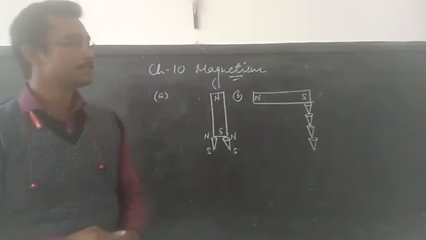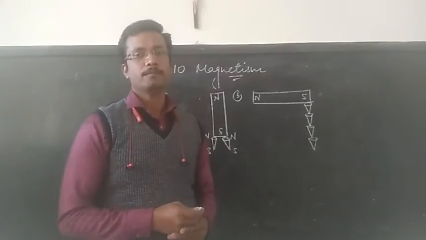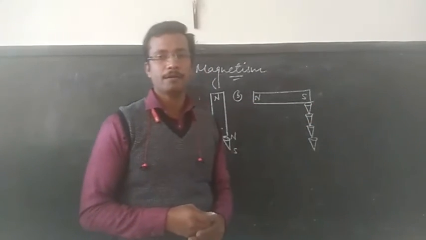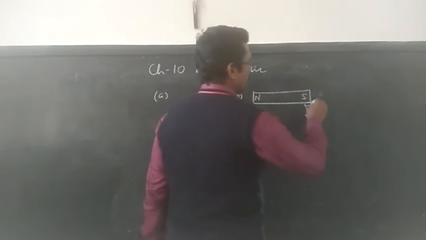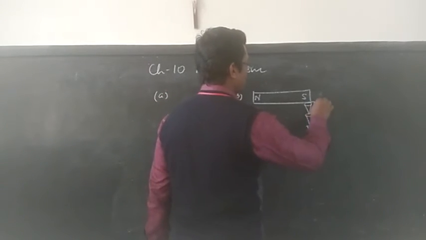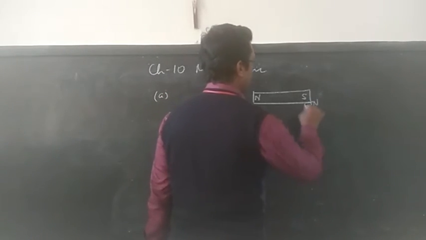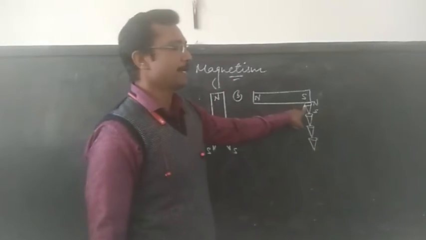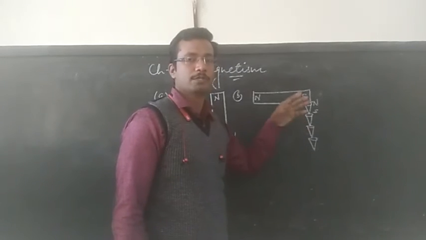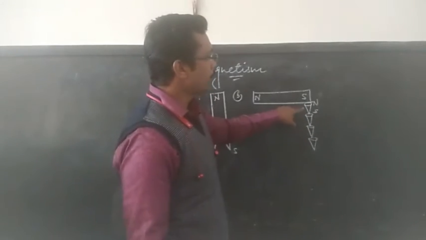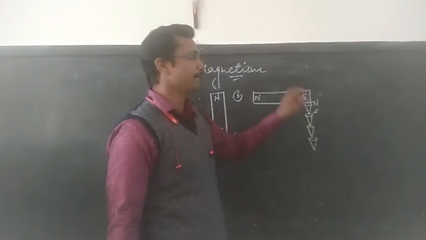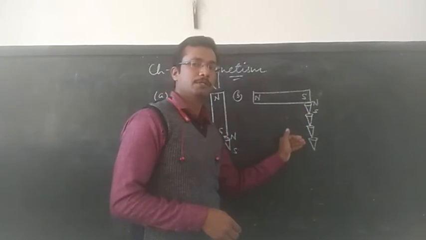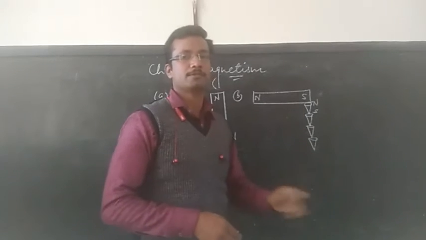The reason once again is induced magnetism, where this magnet is going to induce magnetism on the first nail, where the head of the first nail will acquire the opposite pole, and the tail will have the same pole, that is south pole. Now once this becomes a magnet, of course a temporary magnet, it is going to induce magnetism on the second pin. The second pin will induce magnetism on the third pin, the third on the fourth, and so on.